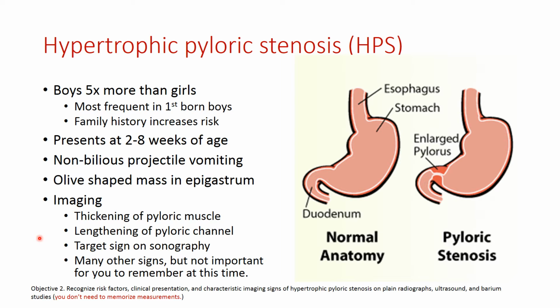That's why Al Gore invented the World Wide Web, so we have a place to look that up. So there's no reason for you to memorize those at this time. There are also a ton of other signs. Seems like every other week someone would come out with another sign of pyloric stenosis that we'd see on barium swallow or something, barium upper GI. Again, you don't have to remember all those. I don't remember all those. Some of them are fairly ridiculous anyway.